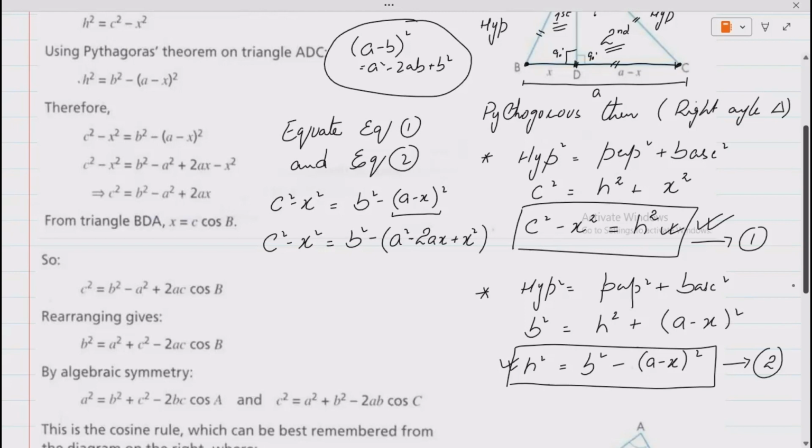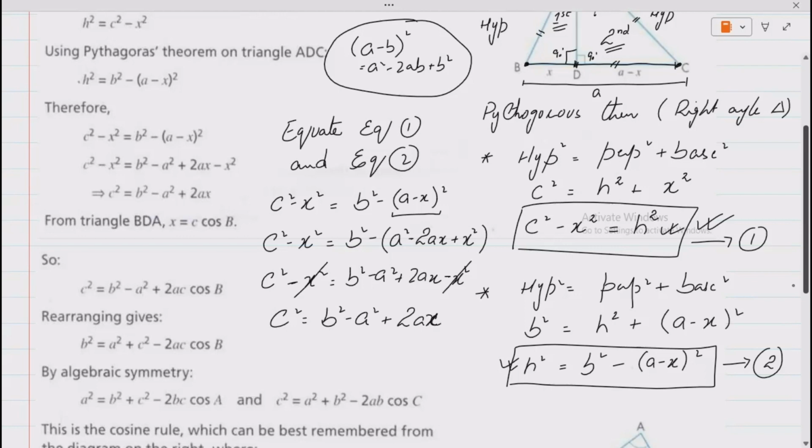Okay, so it means we have c square minus x square is equal to b square minus a square plus 2ax minus x square, right? So we can cancel out, this is minus x square, this is minus x square, can cancel out. So what we'll have is c square is equal to b square minus a square, right, plus 2ax.